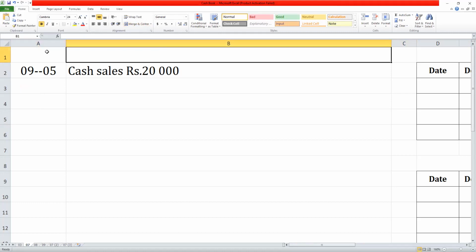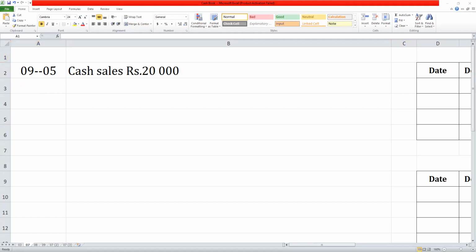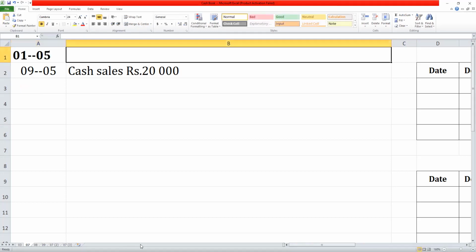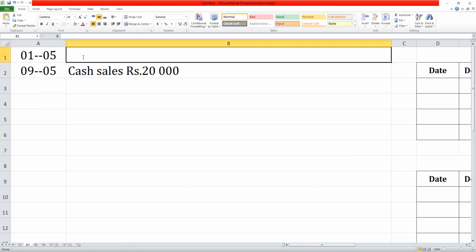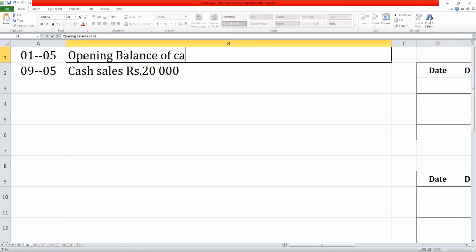The first date is 1st of May. You can write it as opening balance of cash, rupees 25,000.